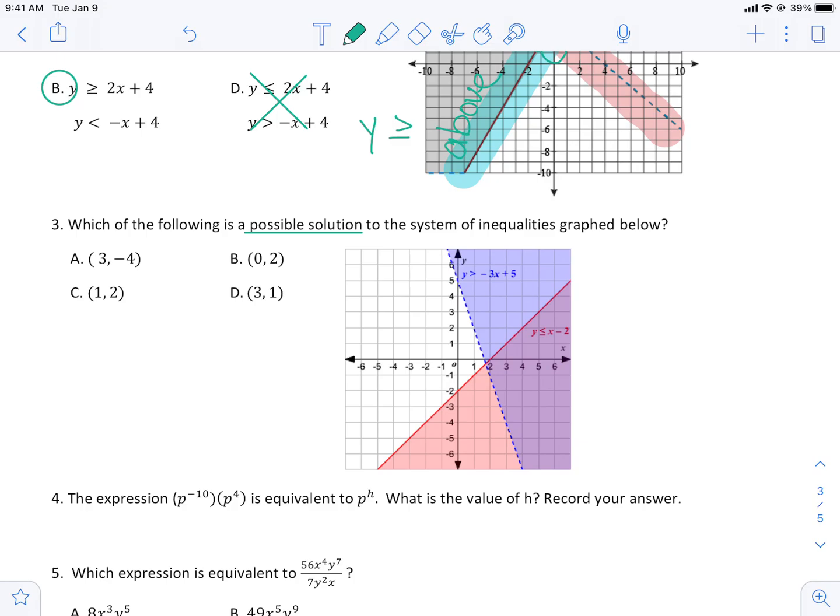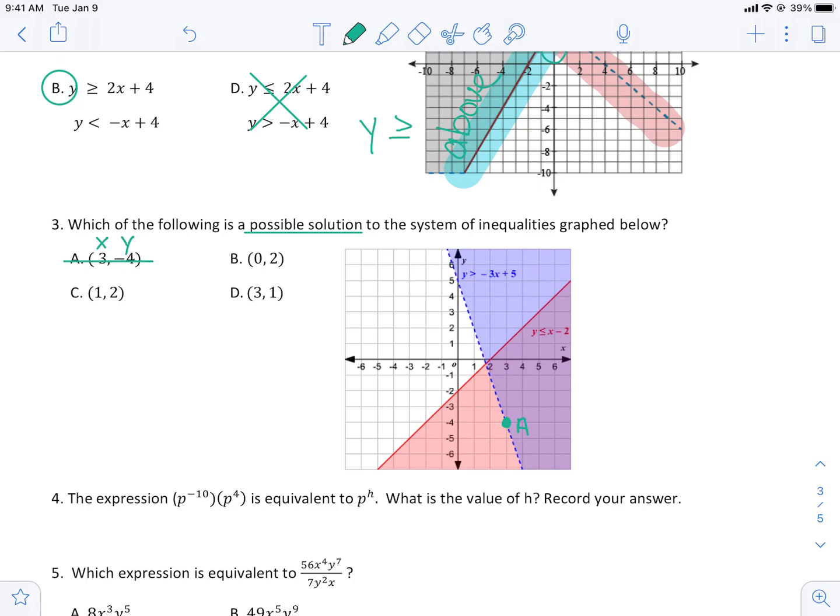Okay, so what I'm going to do is plot each answer choice. So I'm going to start by plotting 3, -4. This is my x value, this is my y value. So I go over 3, I'm going to go down 4, and it lands right there. Okay, it is on a dotted line, and dotted lines don't work. So that answer choice is eliminated.